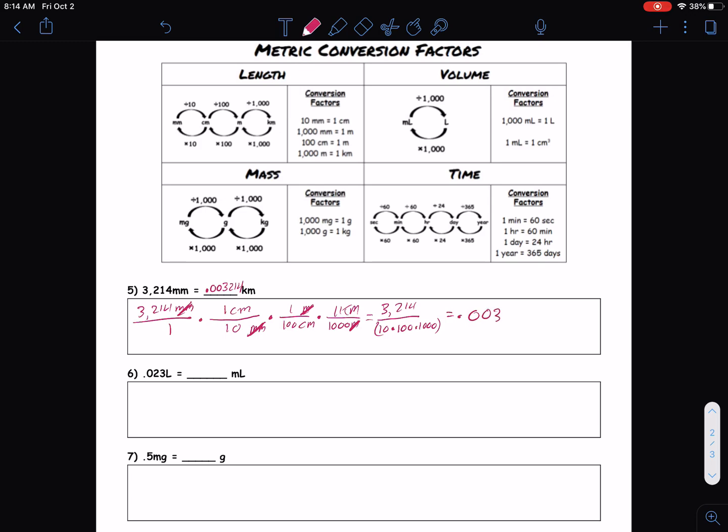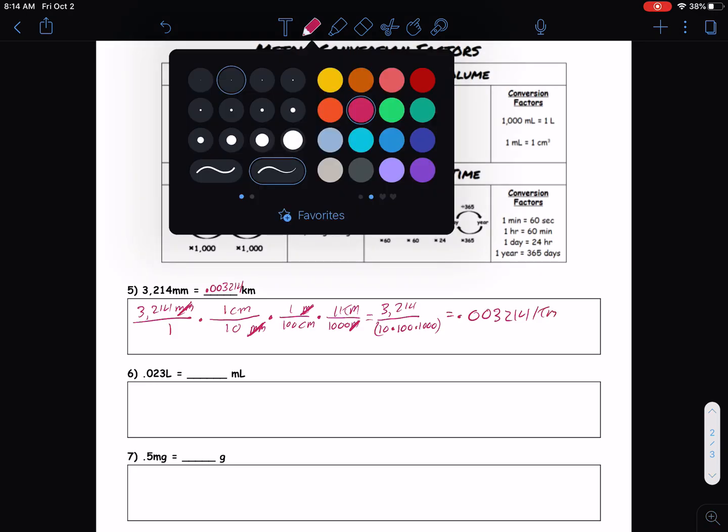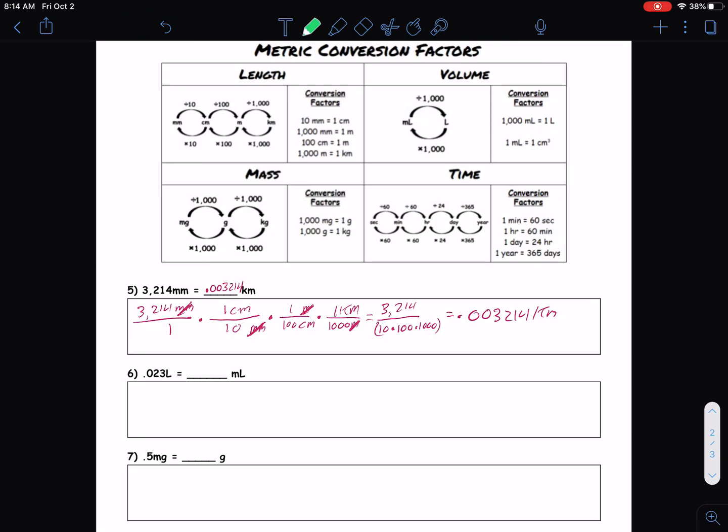which equals 0.003214 kilometers. The other way that you could have done this problem, and I'm going to put it in this green, is you could have done it as 3,214 millimeters over 1.